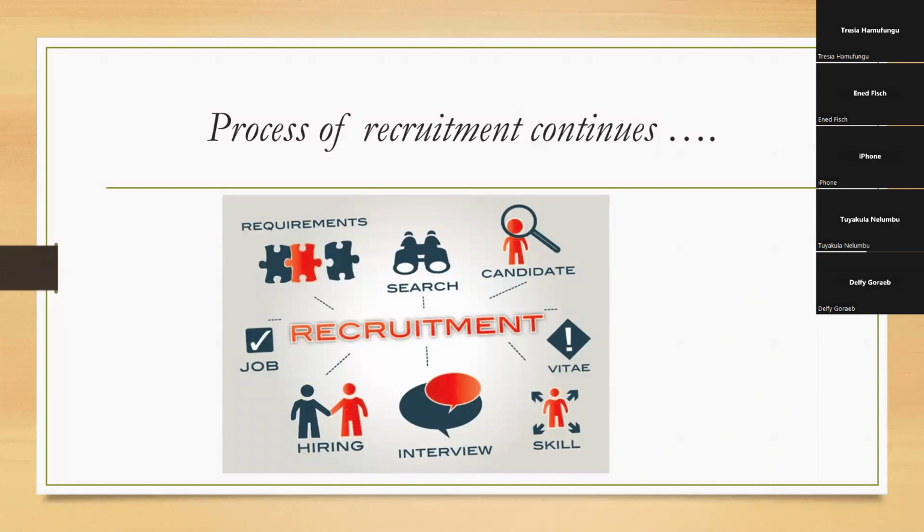Miss, how active is the recruitment process via online here in Namibia? Do we use it? Do we practice it? We don't really use online recruitment. Will the companies make provision in case maybe I can't make it on time?